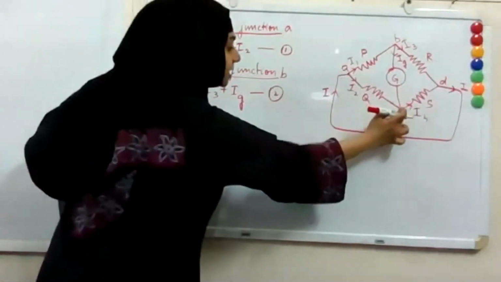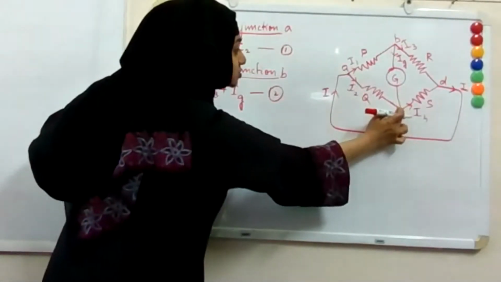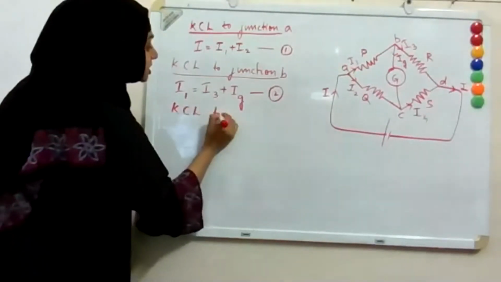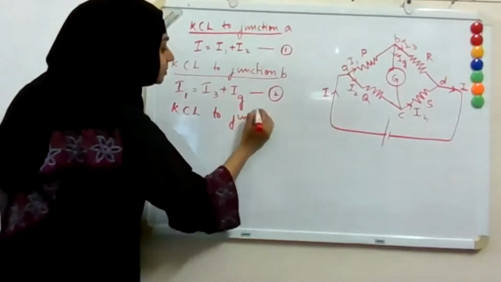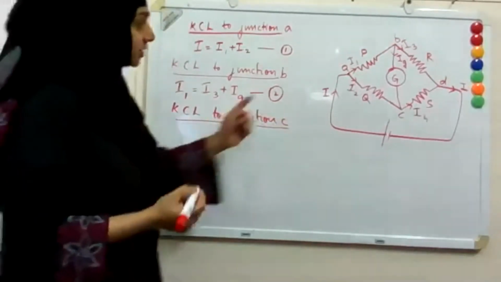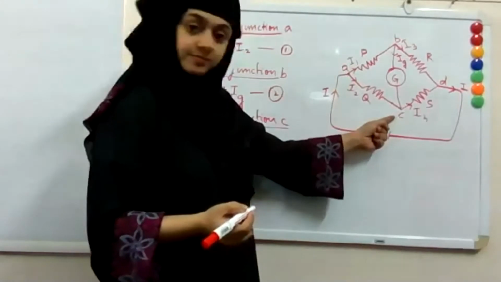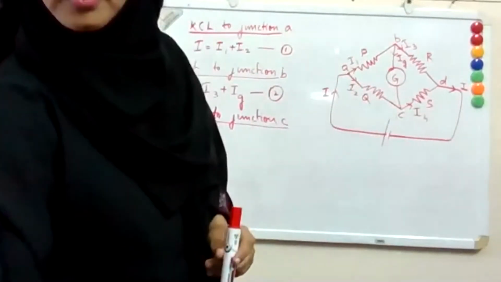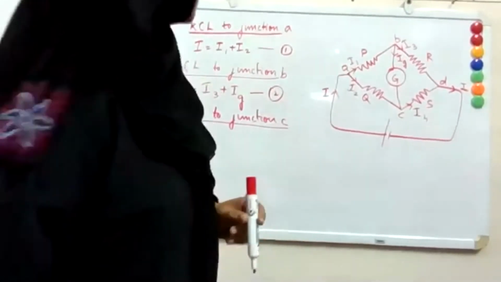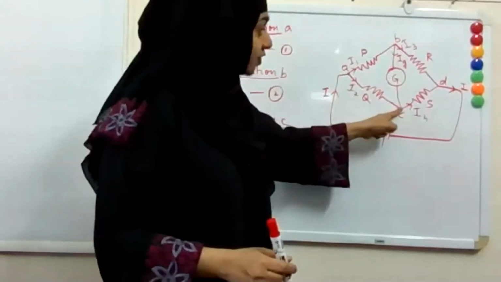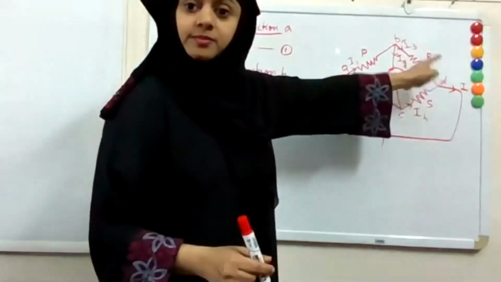Now I am applying Kirchhoff's current law again to junction c. First, what are the currents entering here? IG is entering, and I2 is entering, and I4 is leaving.